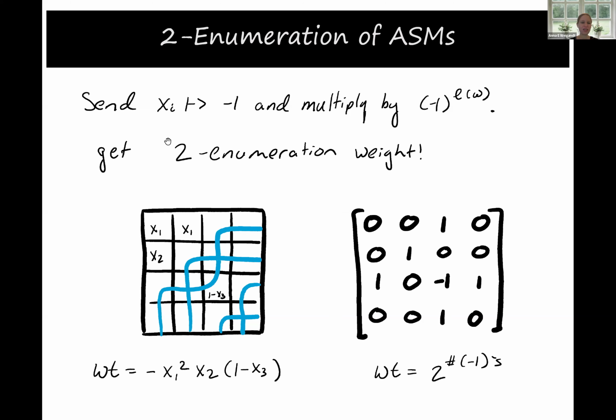What's going on here is we're taking our Grothendieck polynomials and setting x_i to be -1. And then we normalize somehow, so we're getting all positive stuff. And so we get a 2-enumeration weight for our objects here. In other words, the weight is just 2 raised to the number of -1s that you see in your matrix.